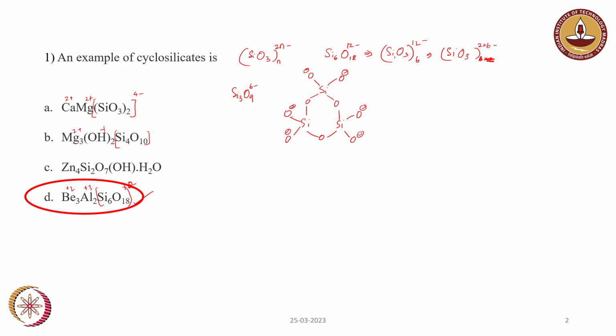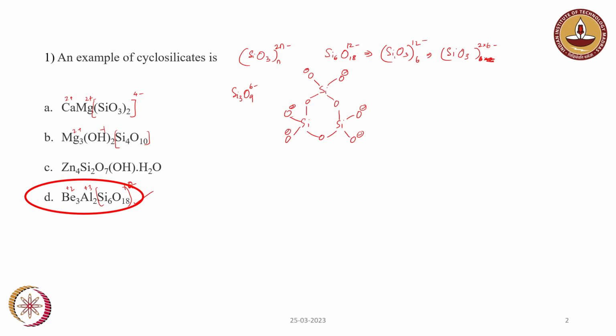There are 6 negative charges, 3 silicon and 1, 2, 3, 4, 5, 6, 7, 8, 9 oxygen. So this is the smallest cyclosilicate.